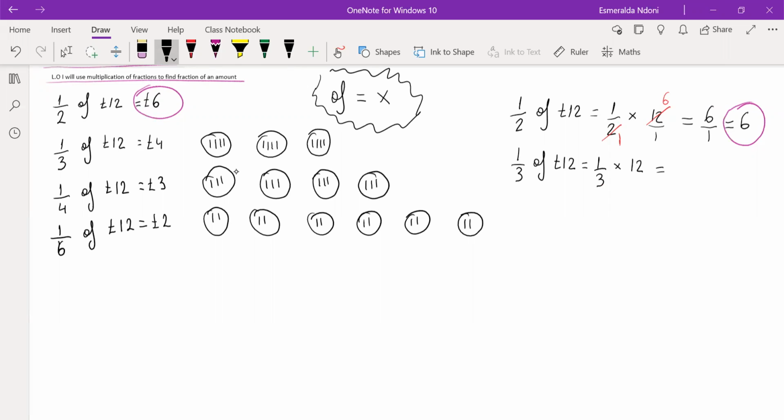I'm going to see if I can simplify to make my life easier, and I indeed can. 3 goes into both of those numbers. 3 divided by 3 is 1, and 12 divided by 3 is 4. 1 times 4 is 4. And as you can see, I got the same answer as number 2.